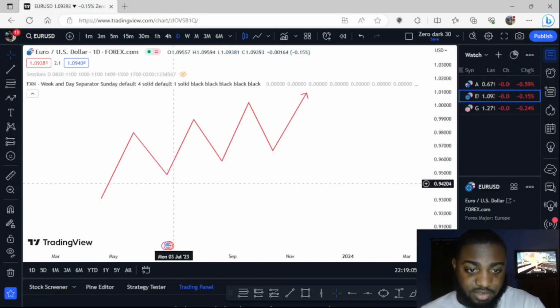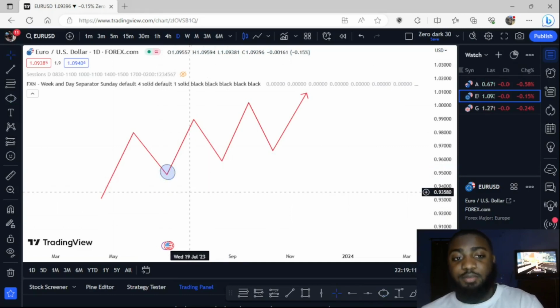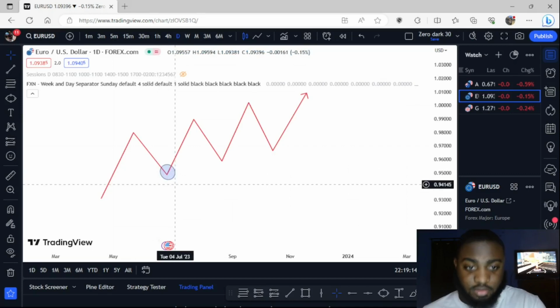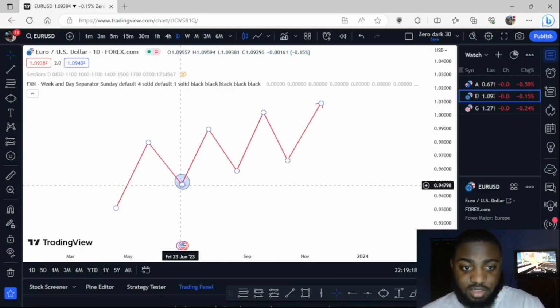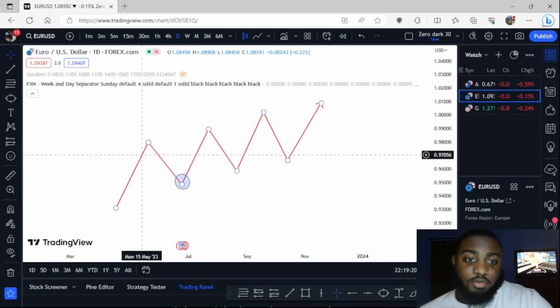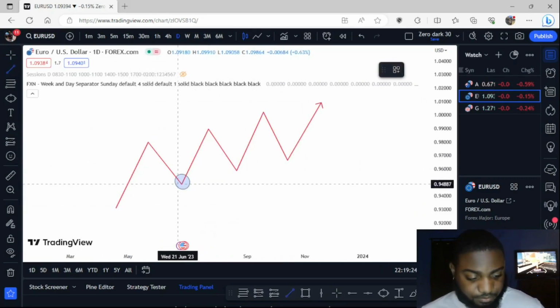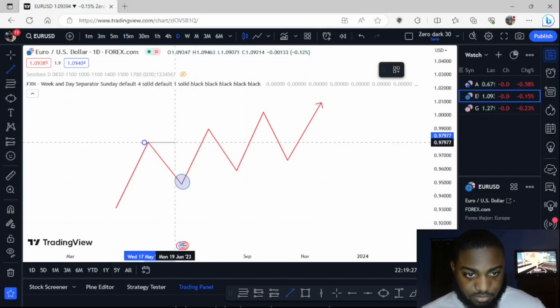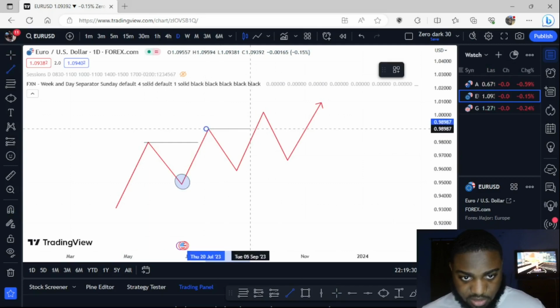Now, this low is considered a protected low. We have protected lows. So what's going on? Price is continuously bullish, so price is continuously trying to take out highs. As you see, this high gets liquidated. This high gets liquidated.